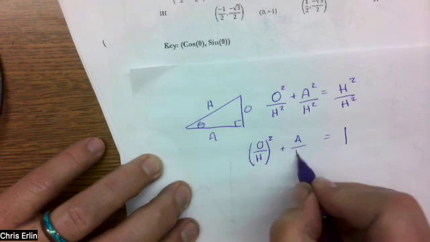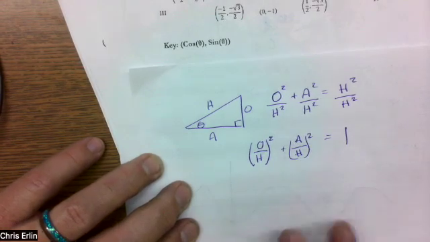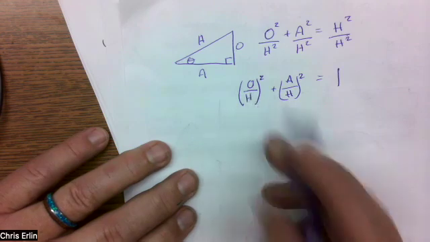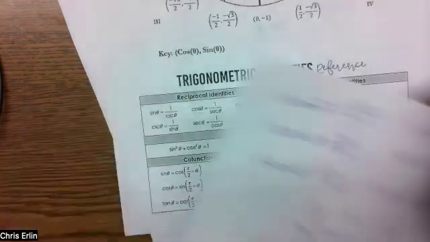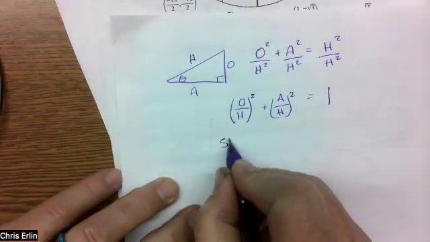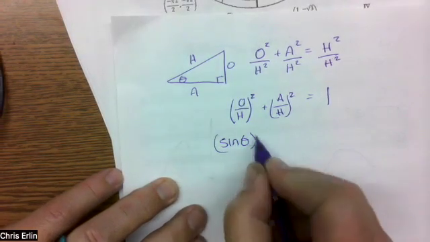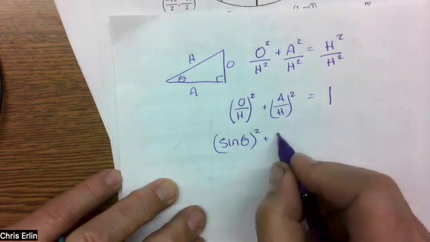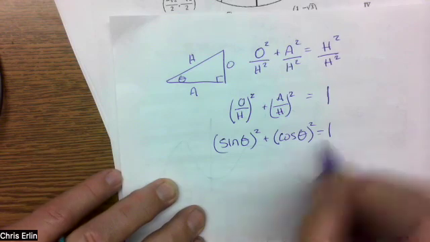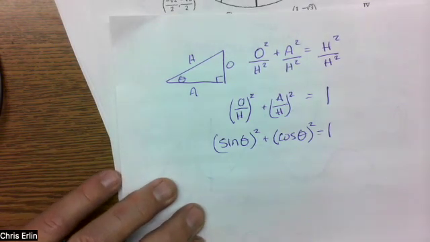And this is A over H squared. What is O over H? So that means that the sine of an angle squared plus the cosine of an angle squared is equal to 1. Every single time. This is an identity.